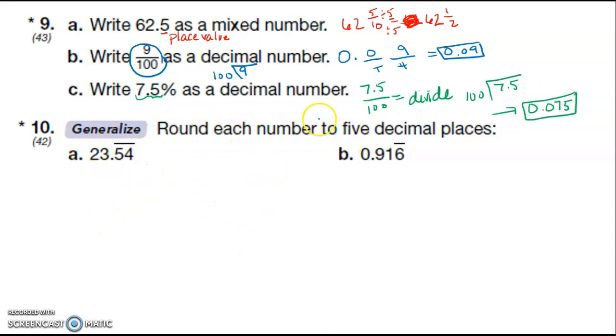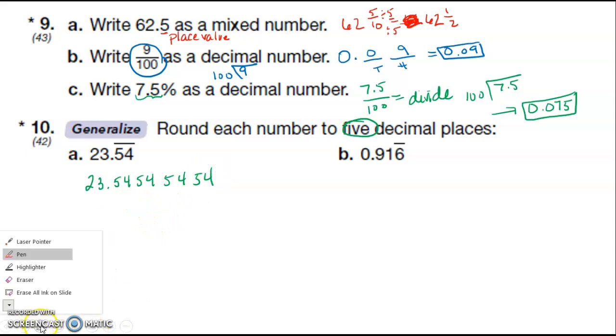Okay, number 10, round each number to 5 decimal places. So I'm going to go ahead and extend out these repetends enough so that I can get at least 5 decimal places. So 1, 2, 3, 4, 5. I'm looking at this, and this is less than 5, so I'm keeping this.